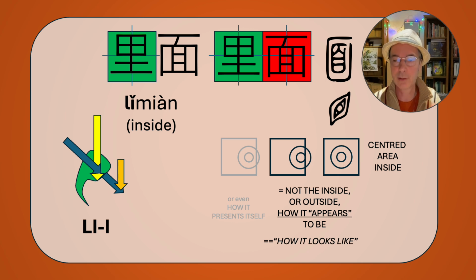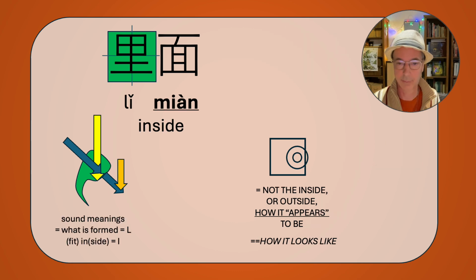So you first meet the frame, and then see what's inside. And that is how things will present themselves, how they will appear, how they will look. You look at them from the outside. So that's what we already have.